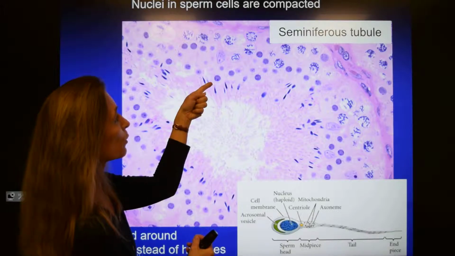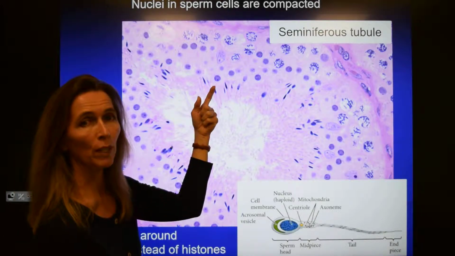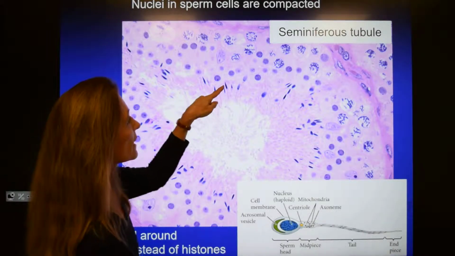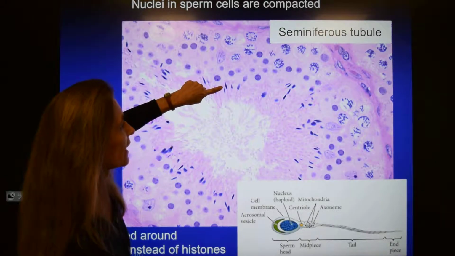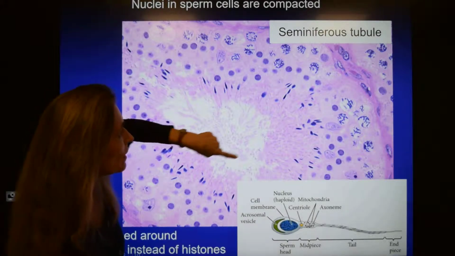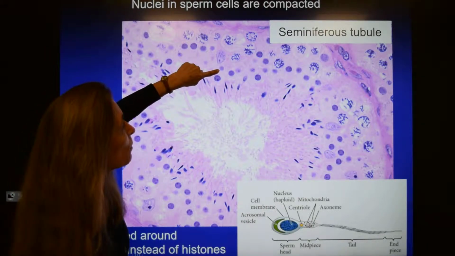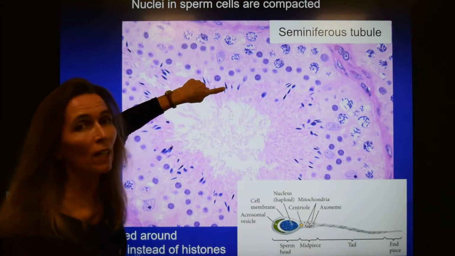So we only have one chromosome of each chromosome, half the haploid set. And you can see how compacted the nucleus is in those sperm cells that are in the lumen of the seminiferous tubule, compared to the precursor cells from which those develop.